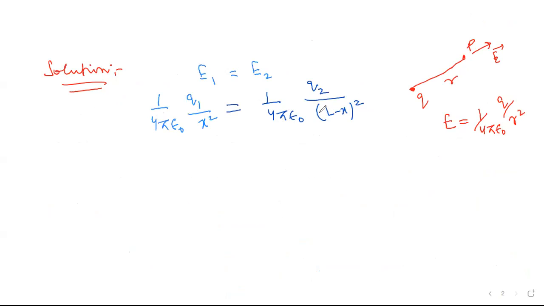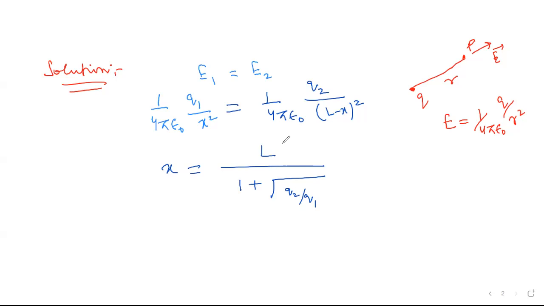So when you make that solution, you will get x equal to L over 1 plus square root of Q2 by Q1.